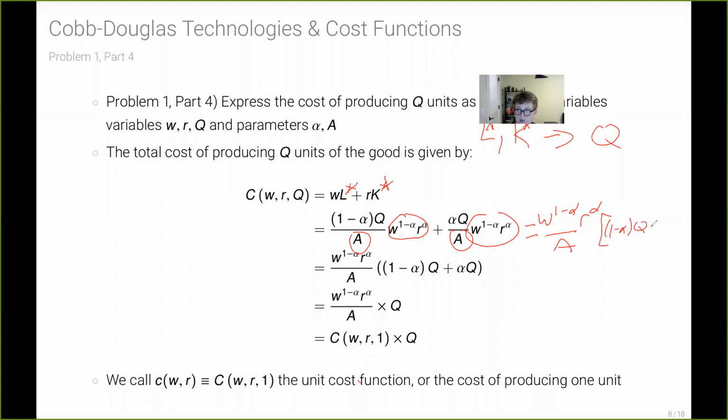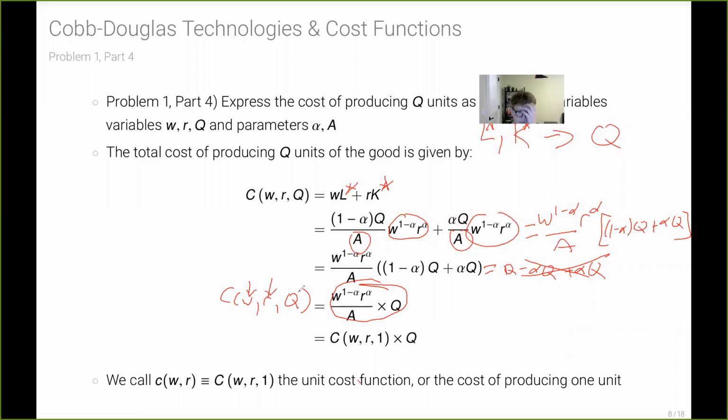It's 1 minus alpha times Q plus alpha times Q. Or if I write this out even further, that gives me Q minus alpha times Q plus alpha times Q. So these terms cancel. So what I'm left with is W to the 1 minus alpha times R to the alpha, over alpha to the alpha times 1 minus alpha to the 1 minus alpha, all over A, times Q. And this is just going to be my total cost for producing Q units at the prevailing wage rate W and the prevailing rental rate of capital R.